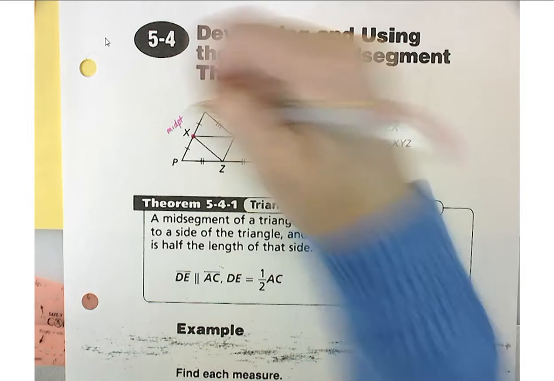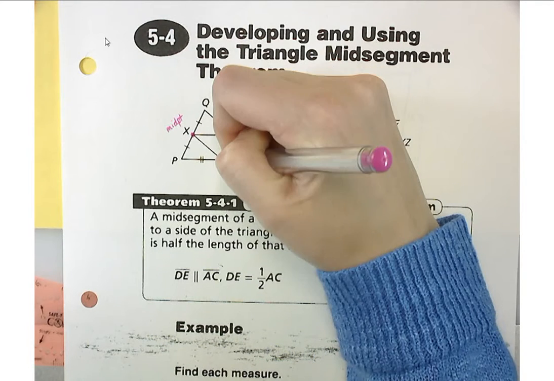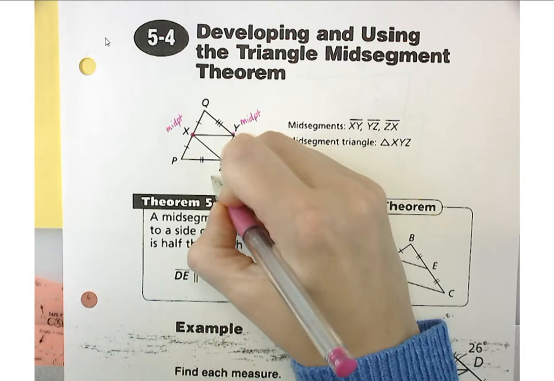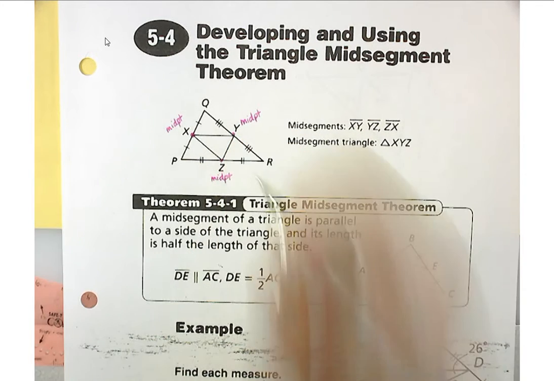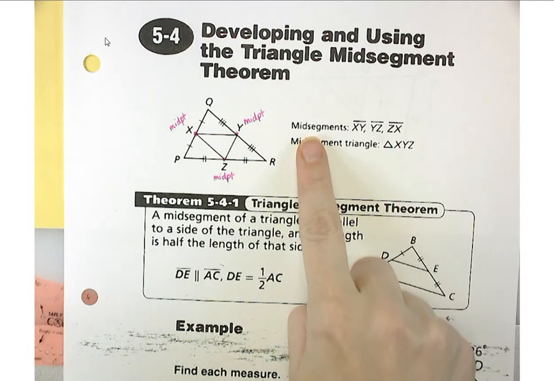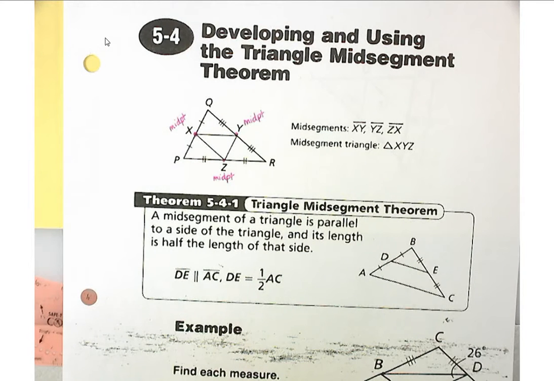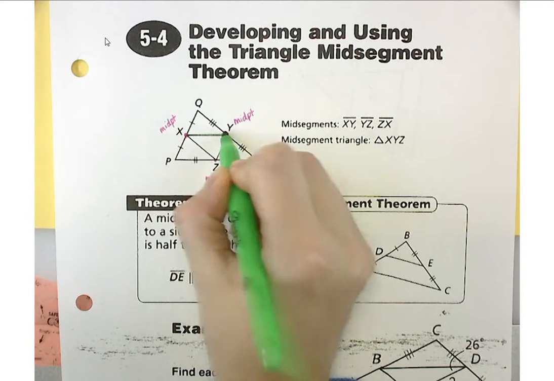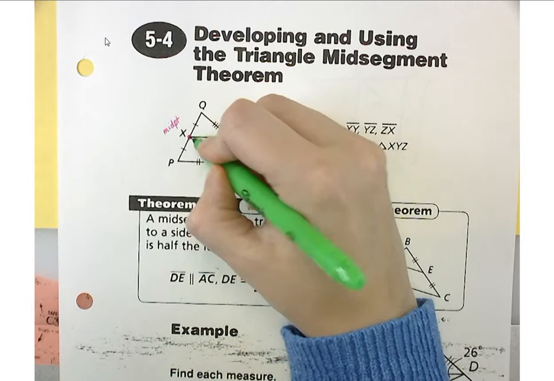Now that also happens with y and with z. So this is a midpoint, and this is a midpoint. You can see from here, they label the midsegments for you. So your midsegments are xy, yz, and xz.